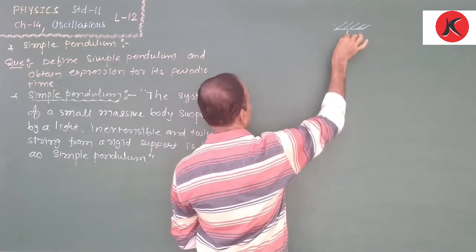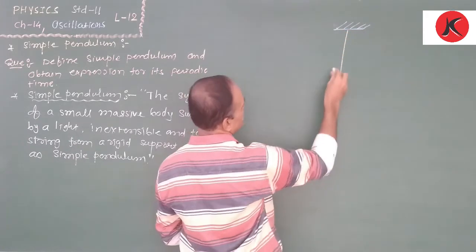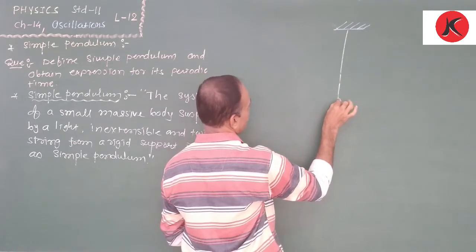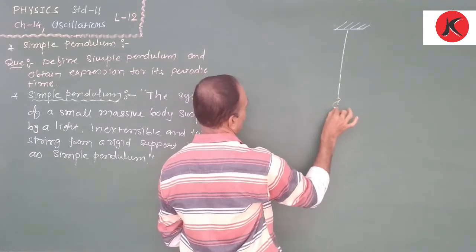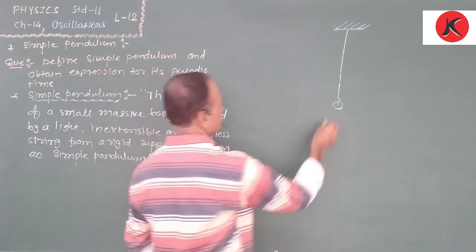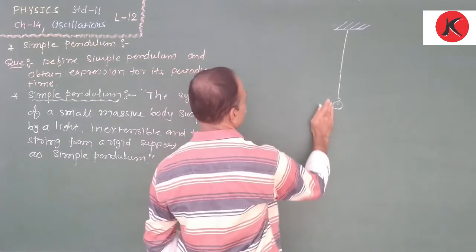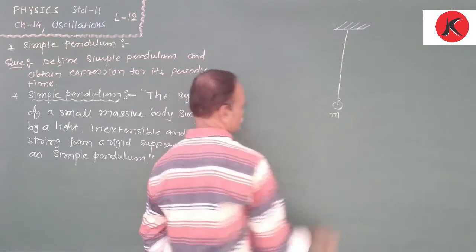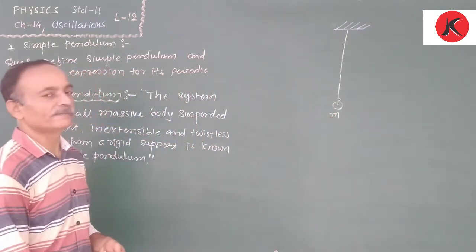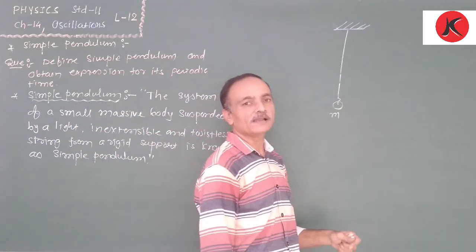Here the string, a light, inextensible string, and at the free end of the string the body is suspended, a body of mass M. There is an equilibrium position. This system is known as the simple pendulum.